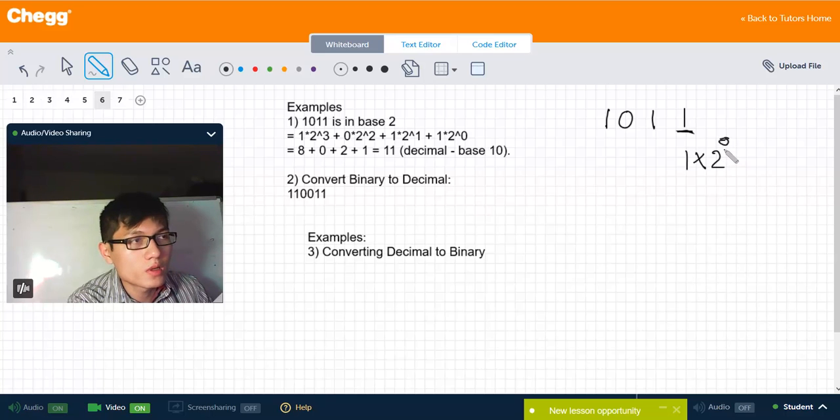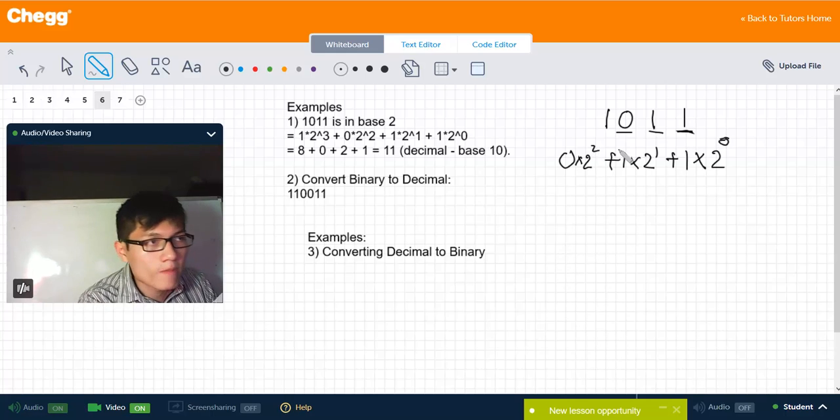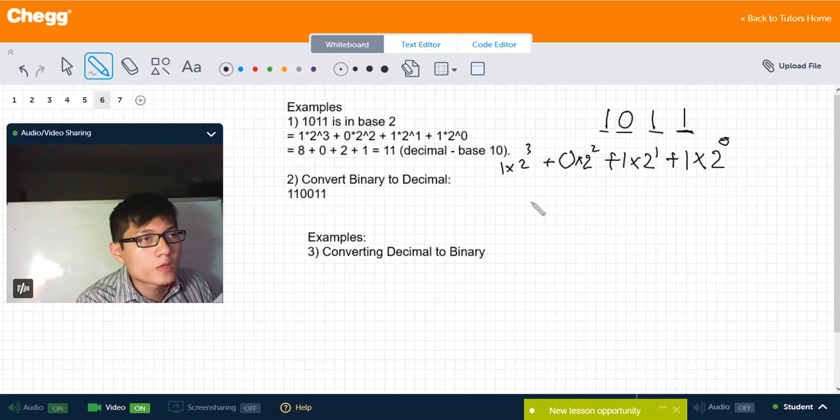And the next one is 1, so 1 is in the first position, so you plus 1 multiplied by 2 to the 1, and then again you plus this one that is in the second position. So this is 0, so 0 multiplied with 2 to the 2, and then the last one here on the left, which is 1 times 2 to the third power.